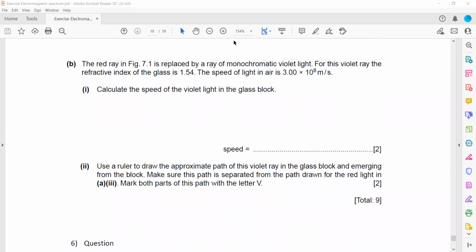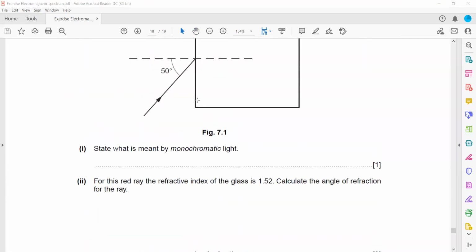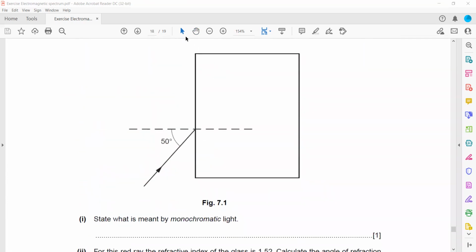Then this part is related to refractive index. We already have discussed that. Using a ruler, draw an approximate path for violet and label that as V. So first we drew the path for the red, but now we have to draw a path for violet.